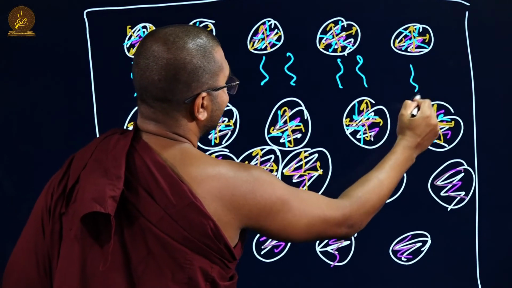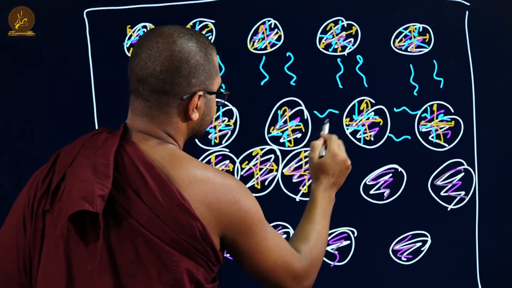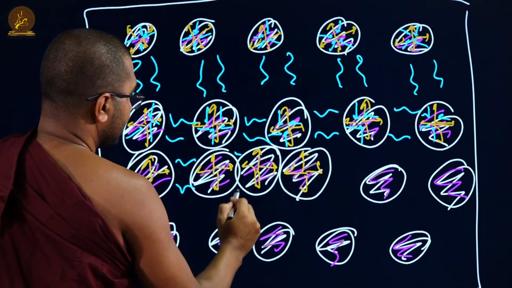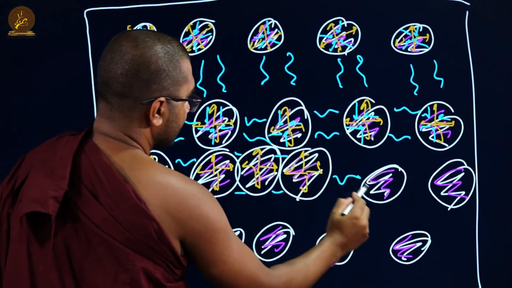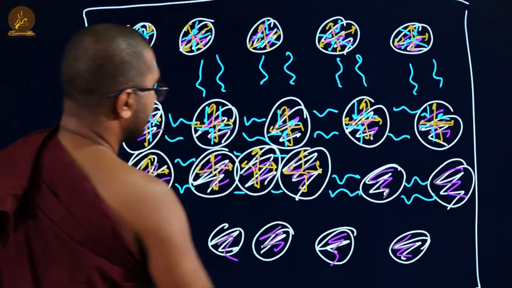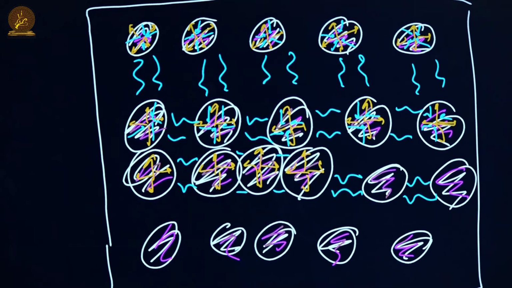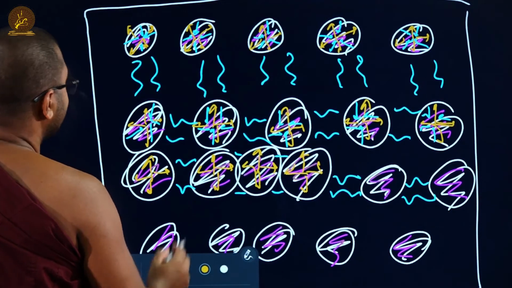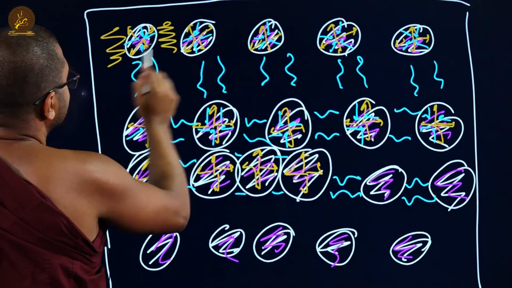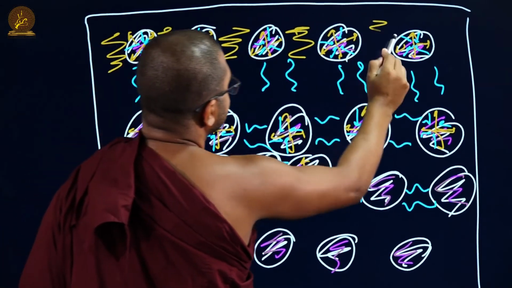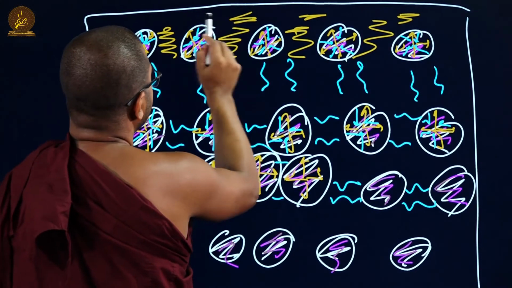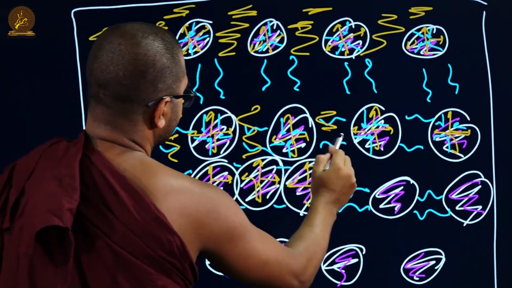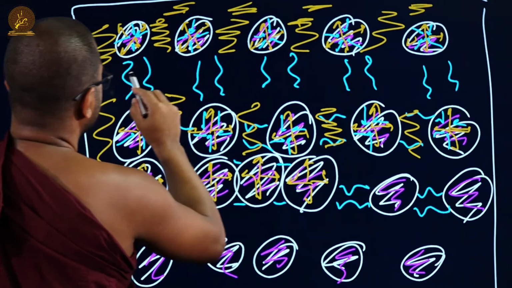We call it Antarkalapiya Apo. Then this entire body also contains a substantial quality which prevents other material stuff from entering its territory.